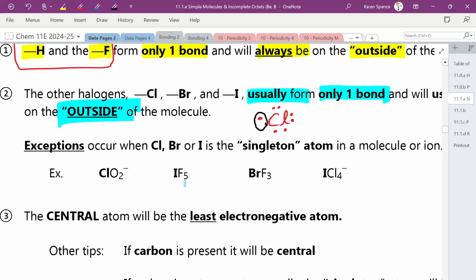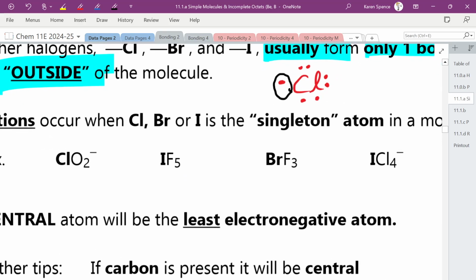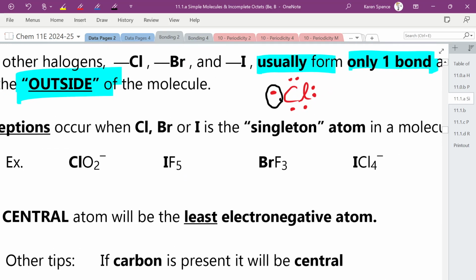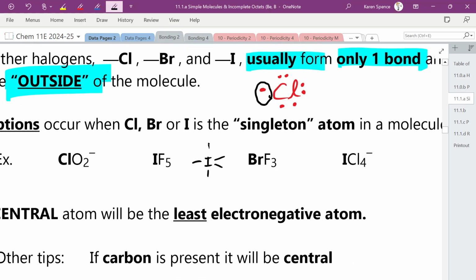What are you going to do? Fluorine only ever forms 1 bond. So you would have to stick the I in the middle, and you would have to go 1, 2, 3, 4, 5, and have your fluorines on there. And that would give that iodine how many electrons around it? 2, 4, 6, 8, 10.